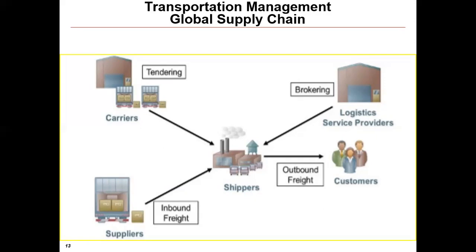Here the main focus, the key stakeholder, is the shipper. The shipper is the person responsible for end-to-end operations of TM. The end-to-end operation starts from order management and ends with analytics of TM.